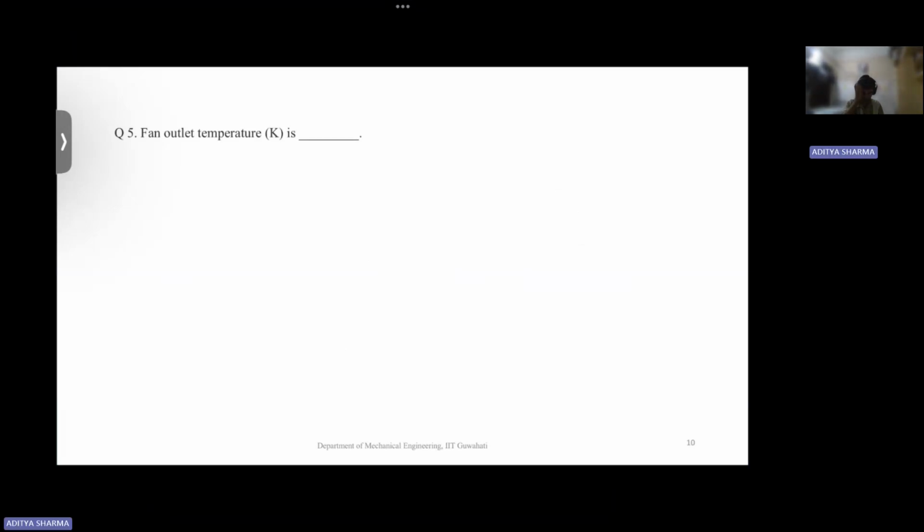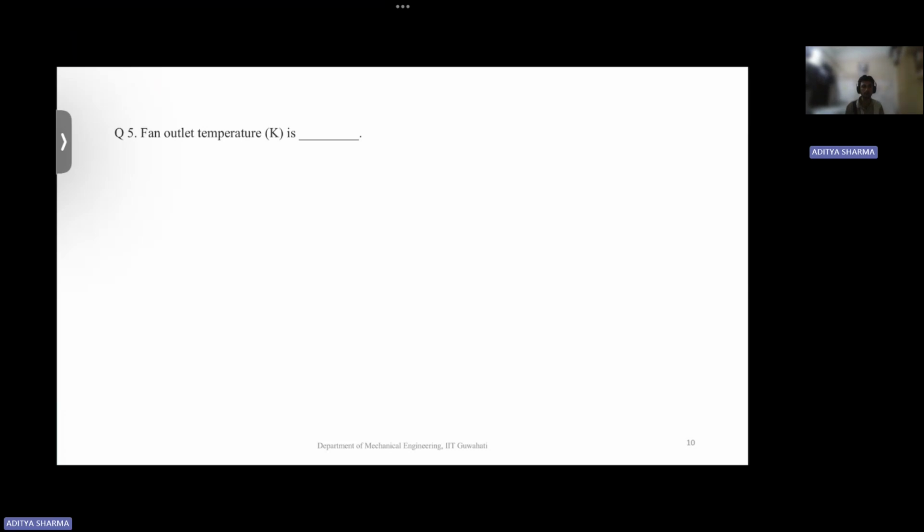Fan outlet temperature. You will calculate the fan outlet temperature. Question number 5 solution for fan outlet temperature.